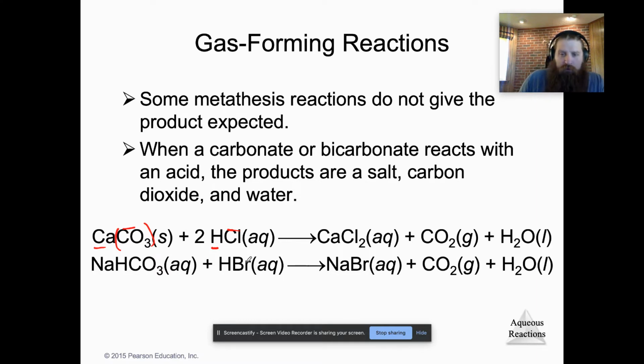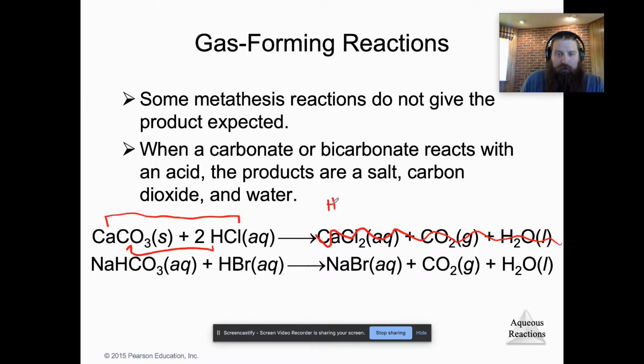So if we covered this up and said, okay, you're not allowed to look at the answer, you look over there on the left and you'd say, all right, well, this should be double displacement, right? So calcium should end up with chlorine and H should end up with CO3, and I will cross my charges.